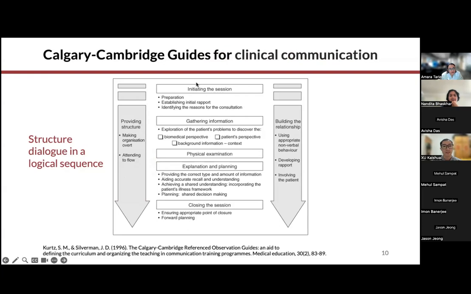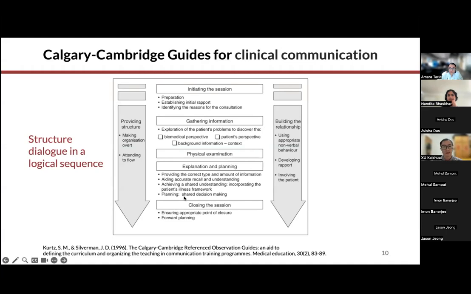these following steps. First, the initial session. It includes identifying the reasons for the consultation, in other words, the reason why the patient comes to the hospital, comes to the doctor. Then the doctor needs to gather information about the patient: some biomedical perspectives, the patient's view of his symptoms or his situation, and some background information.